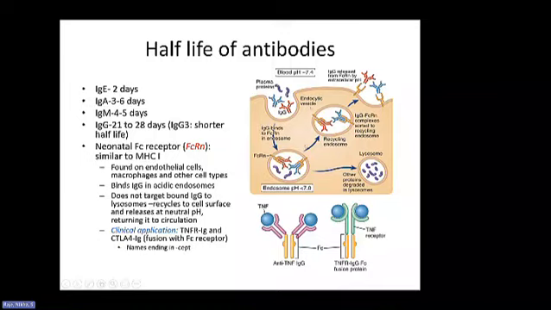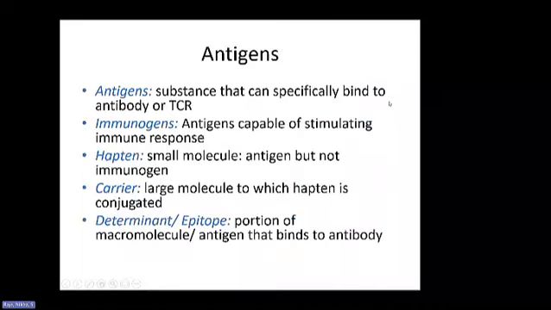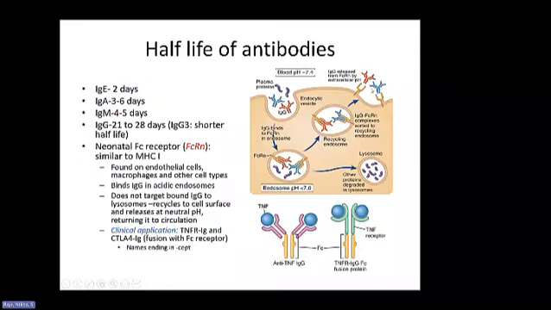So the endosomes are acidic and the pH in the circulation is neutral. So what happens is they get bound to the FcRn in the endosomes, and when they recycle those to the surface, they will be released into the circulation. So these immunoglobulins are not degraded by lysosomes, because of which they have longer half-life.